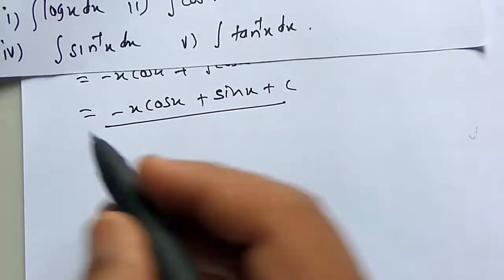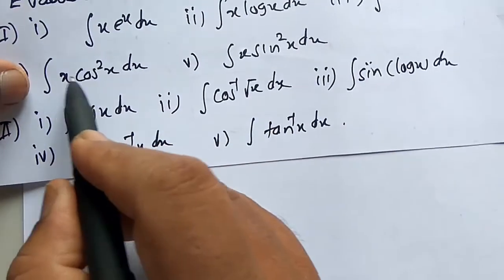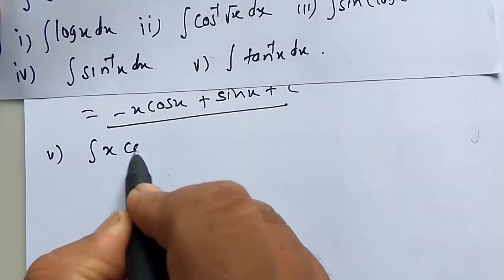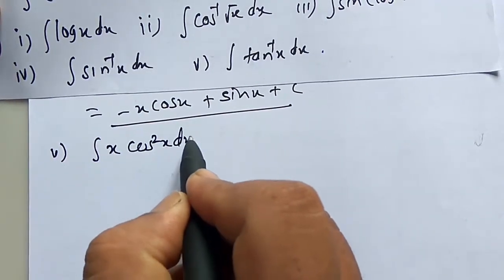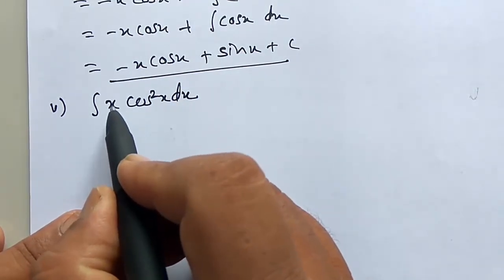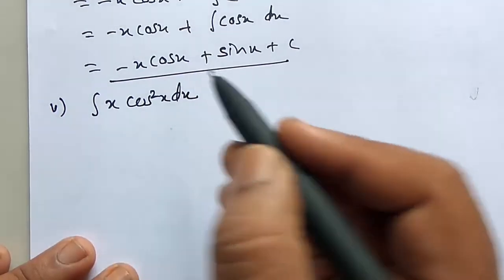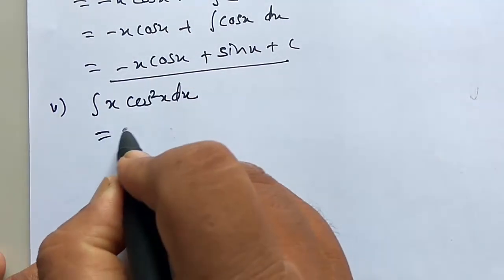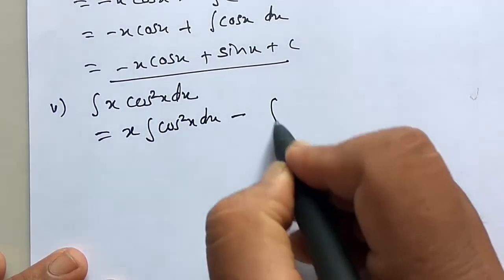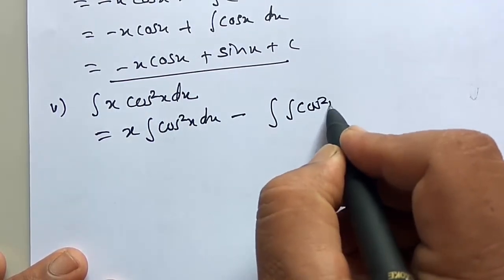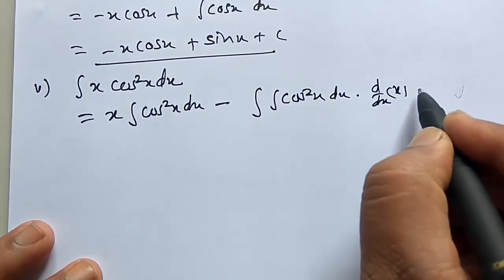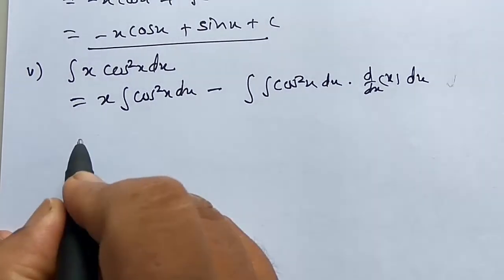Now, example number 4, integration of x into cos square x dx. So, again we take x as the first function and cos square x as the second function. So, this is equal to x integration of cos square x dx minus integration of integration of cos square x dx into derivative of x dx.